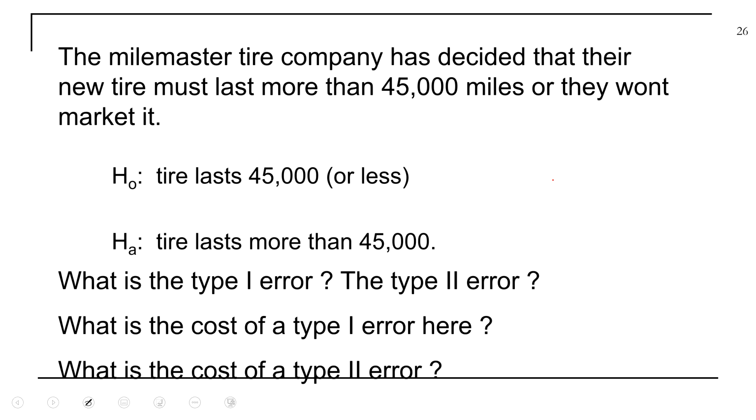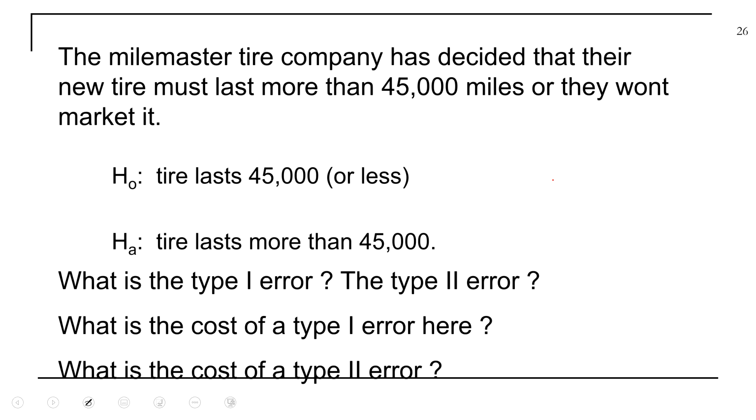So you're going to say the tire lasts more than 45,000 miles when it doesn't. The type 2 error says the tire does not last 45,000 miles when it does. So type 1 says you're going to say the tire is good when it's not. The type 2 error says you're going to say the tire is bad when it's good.